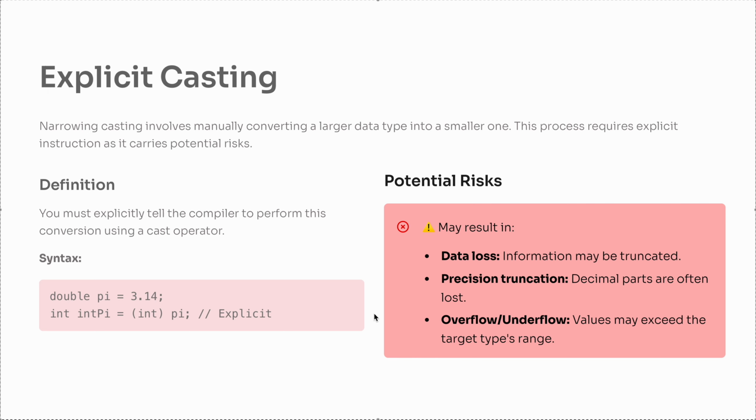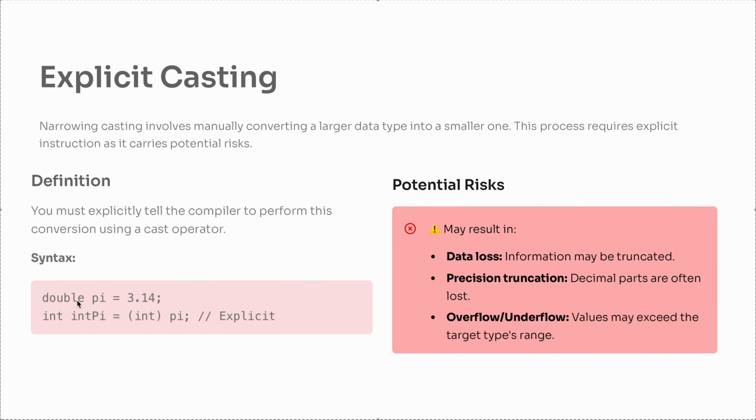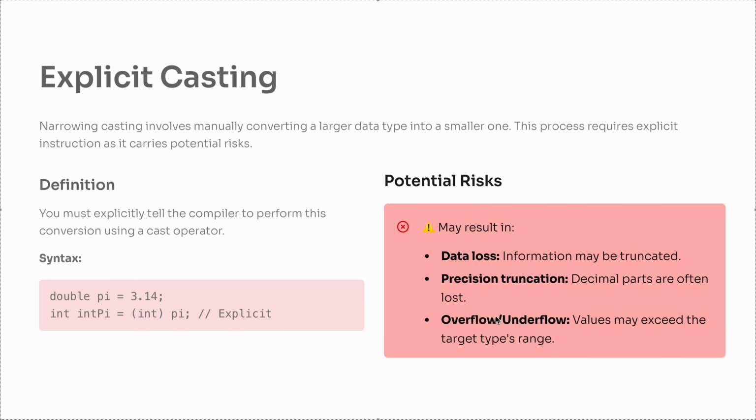For example, if you are assigning a large number to a short or a byte, it may not be compatible. The number size which you can hold in a byte may be very small, so overflow or underflow happens. If the number we are taking is too big and you are assigning it to something too small, we may face overflow or underflow of the target range.